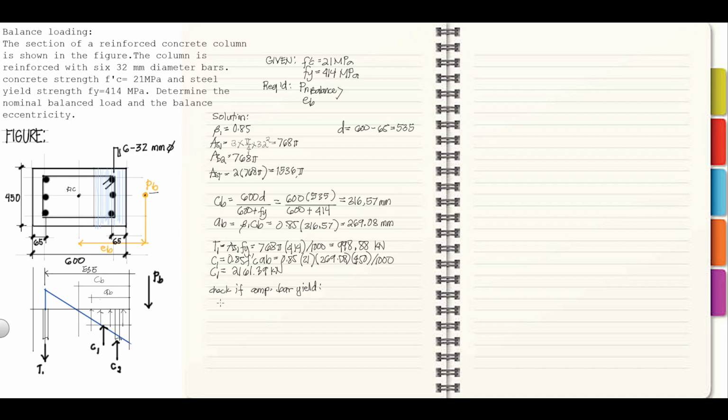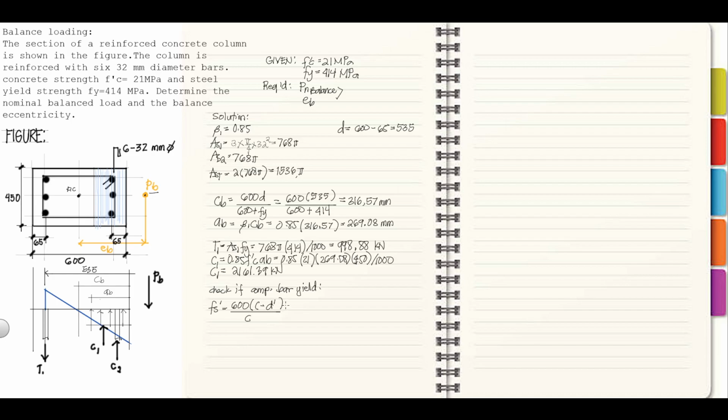So, how can we check that? Yes. From the formula Fs prime. Tama? That is 600 C minus D prime all over C. Tama ba? Ulitin natin. 600 C minus D prime. Yes, all over C.